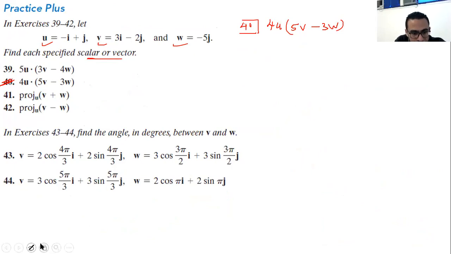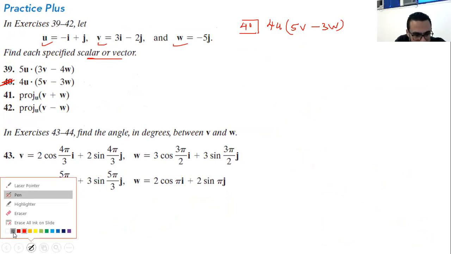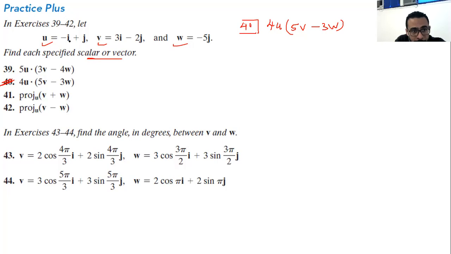For 4u, multiply 4 times negative 1: negative 4i plus 4 times 1 j.